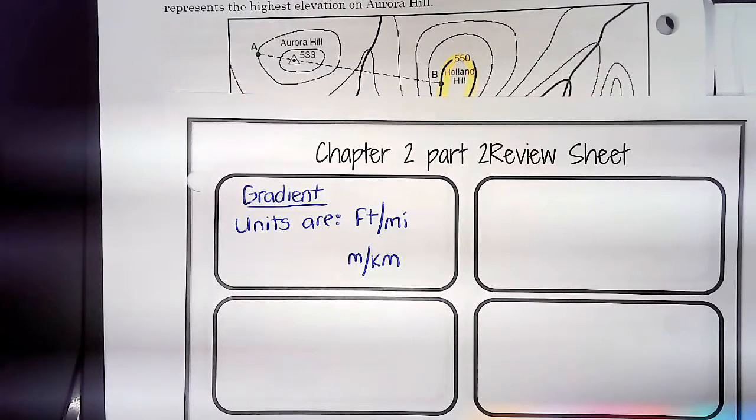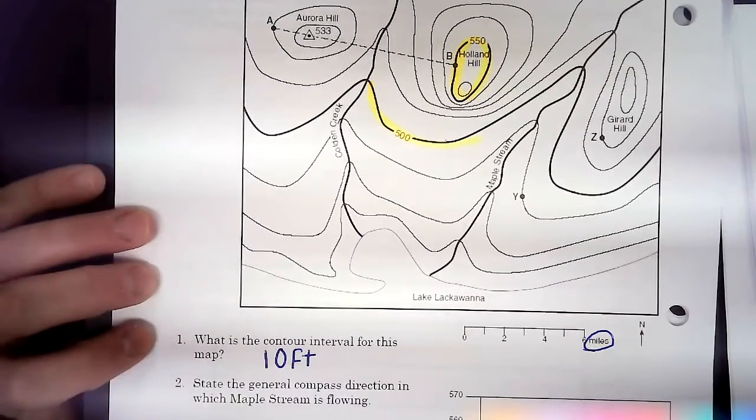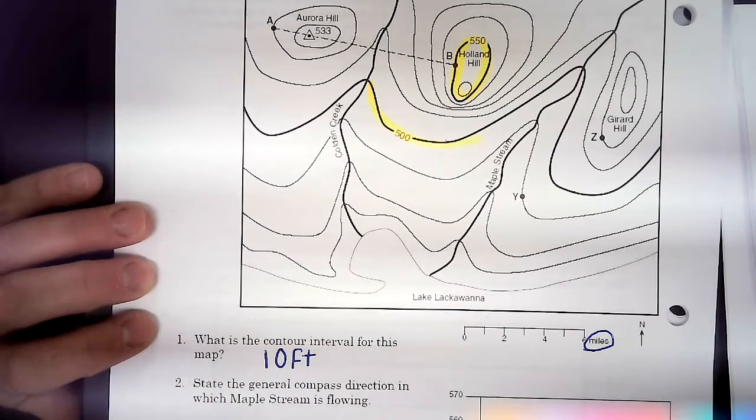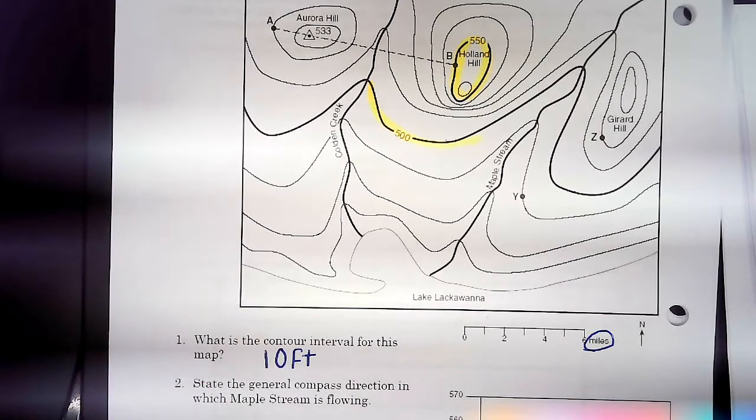What other important facts did we get from this first question? Or something that you just need to know for the test tomorrow? We didn't use the formula for this question. Anybody? How about the definition of contour interval?